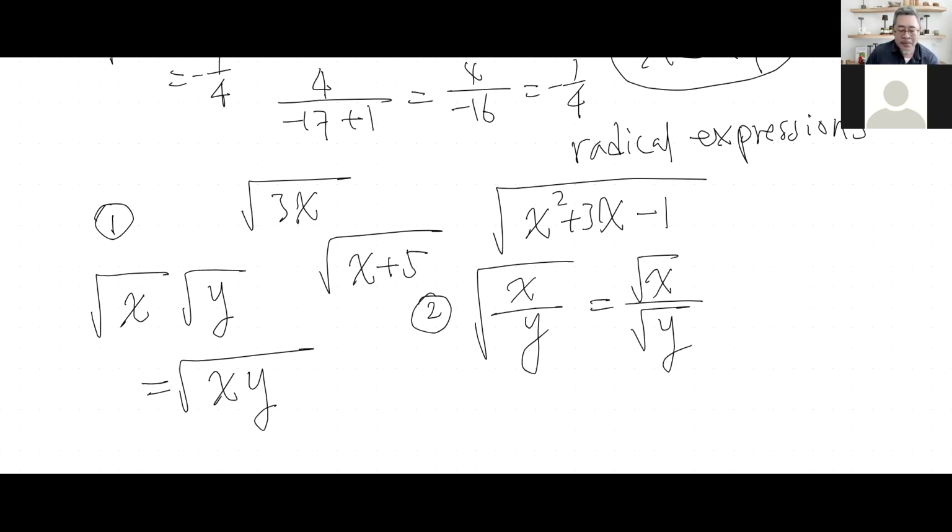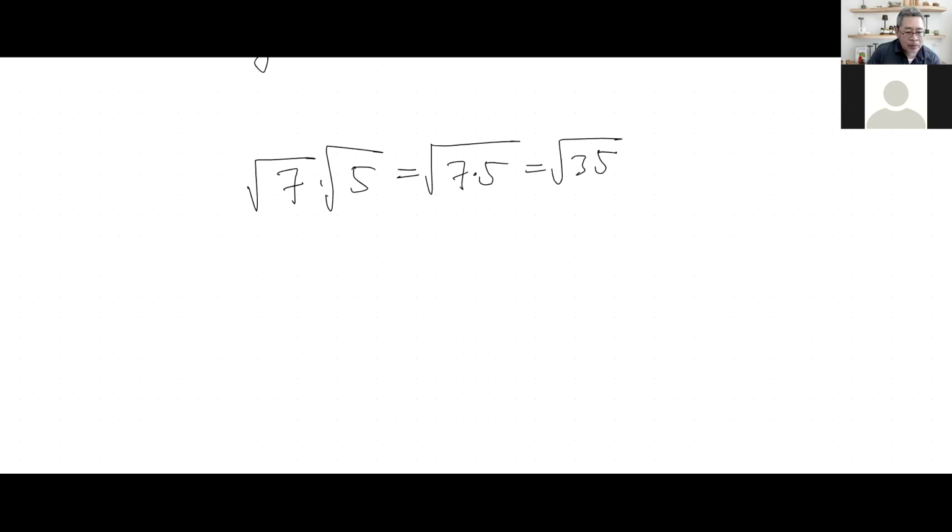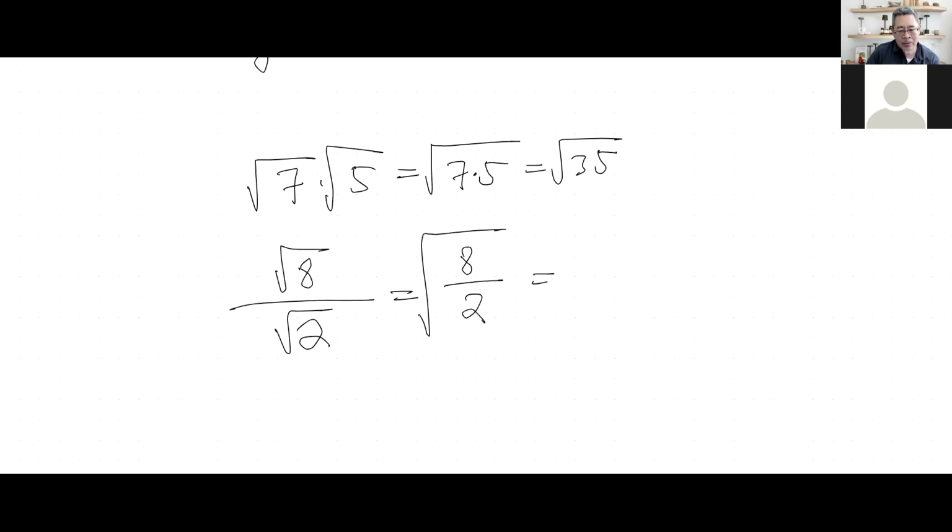A couple examples: if we got square root 7 times square root 5, we can write it as square root of 7 times 5, which is square root 35. Or if we do square root 8 divided by square root 2, then we can put them together as square root of 8 over 2, and that gave us square root 4. We got 2.